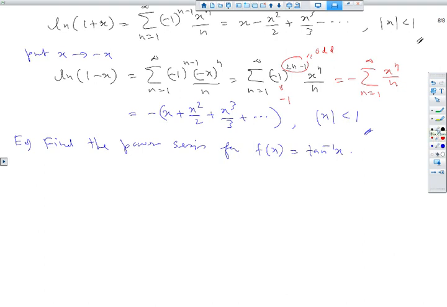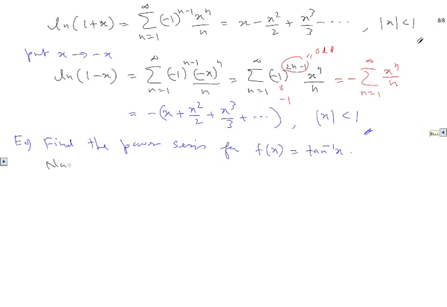So we start with the fact that the integral of 1 over 1 plus x squared dx is simply equal to tan inverse x plus c. So that's where we're going to start. That means we're going to start with 1 over 1 plus x squared and take the integral. So let's do that.